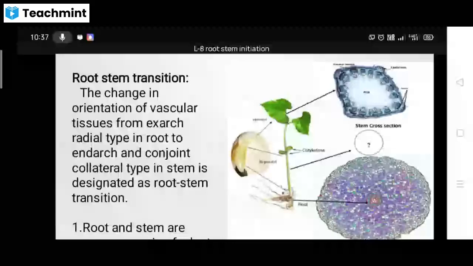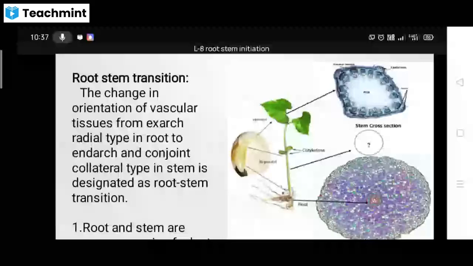If you have seen this picture, in the transverse section of the root, at the center there are the vascular tissues, and they are arranged radially, on different radii. But in the stem part, in the above picture, you see the transverse section of the stem.